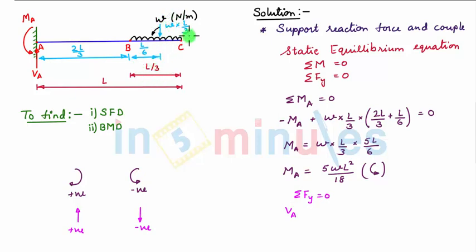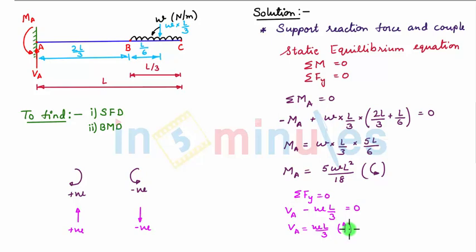So we can always assume a point load of magnitude W into L by 3 acting at the center of the span. So we have minus W into L by 3. Now the summation of all these vertical forces is equal to 0. So from this we get the value of VA as W into L by 3. Since the value is positive, our assumption is true, that is VA is acting upward.